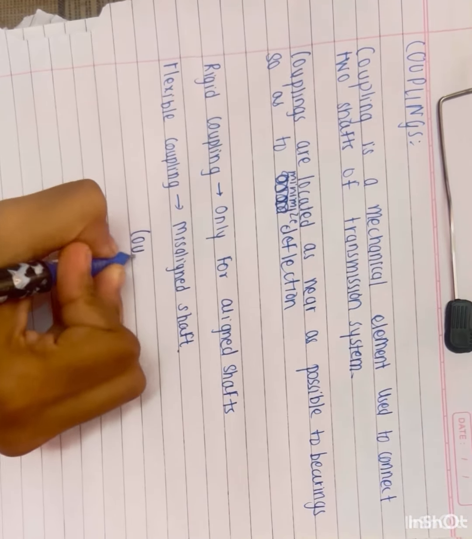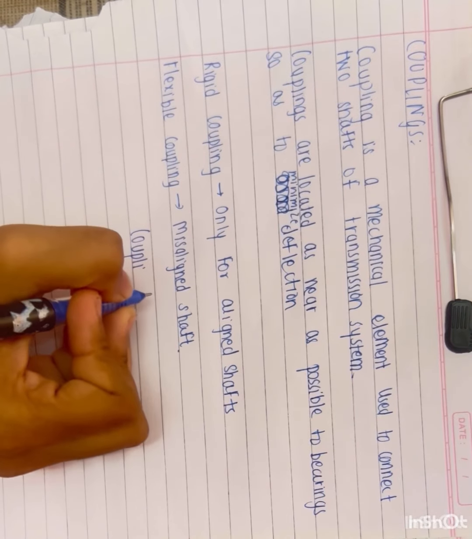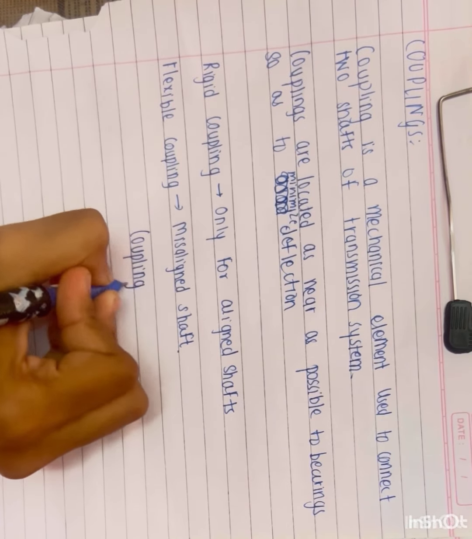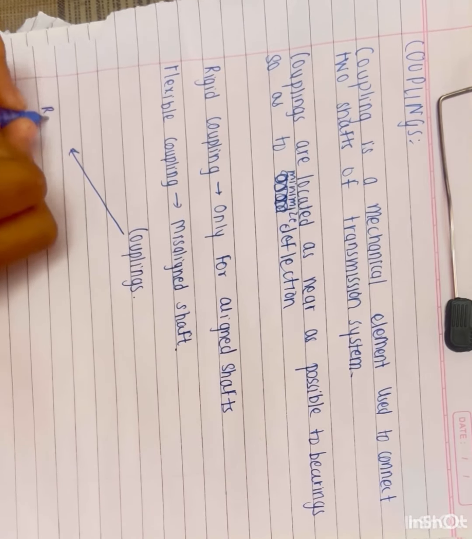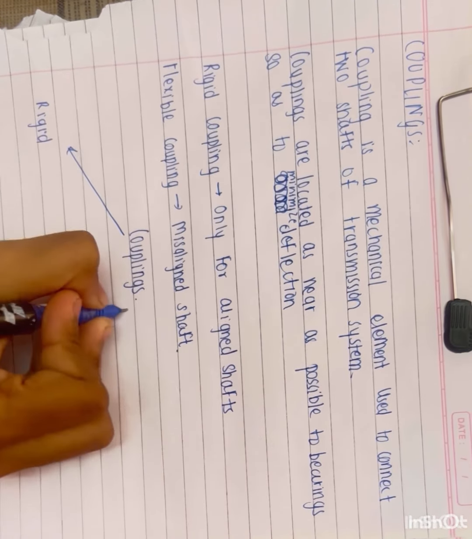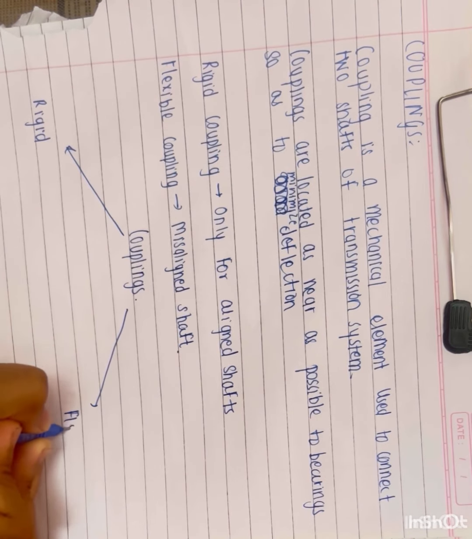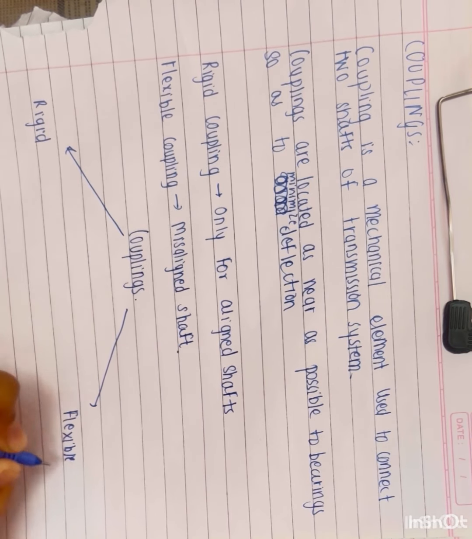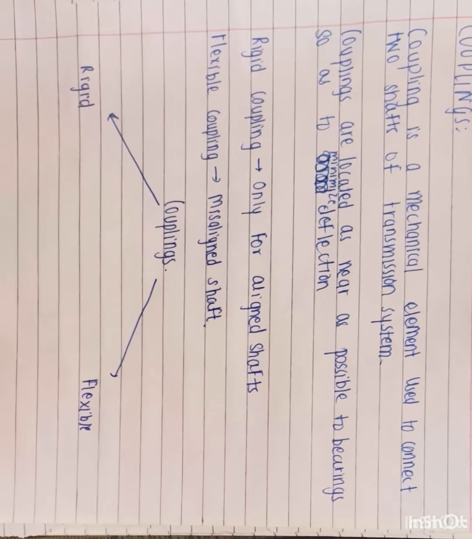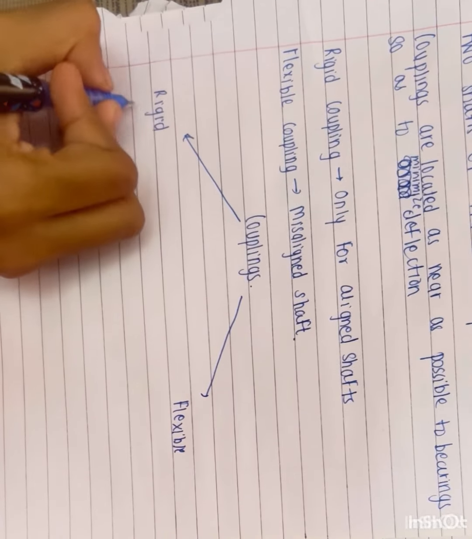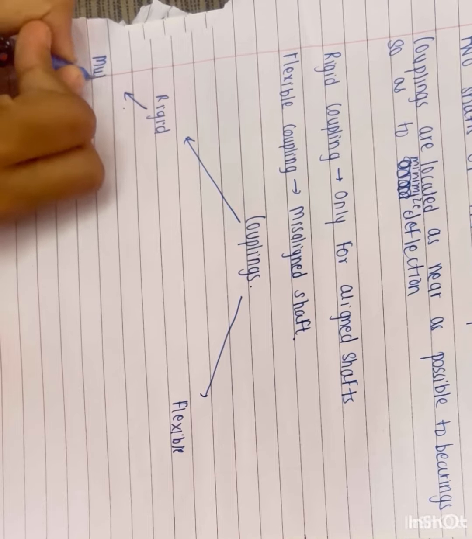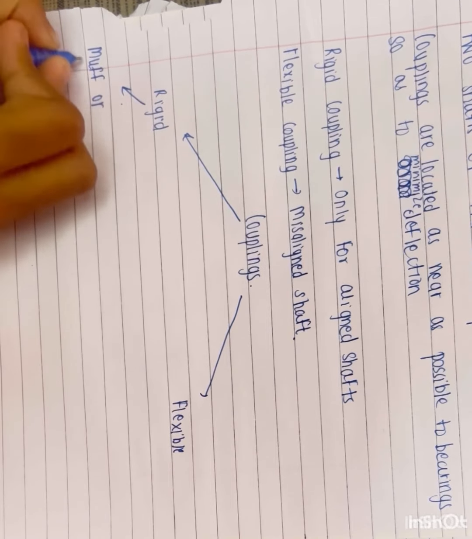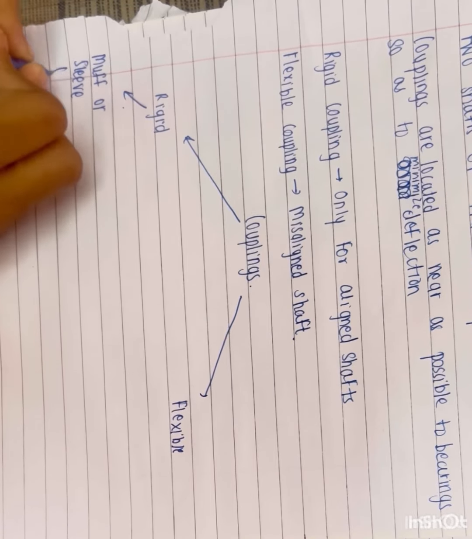So we will see how couplings are classified. So couplings are, one is rigid and another is flexible. Rigid is, there are three types in rigid: muff or sleeve couplings.